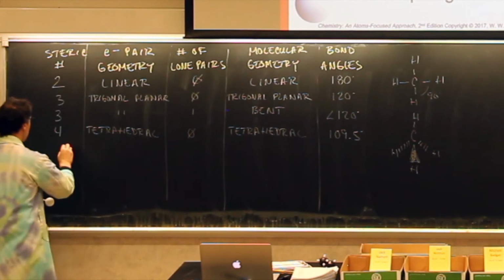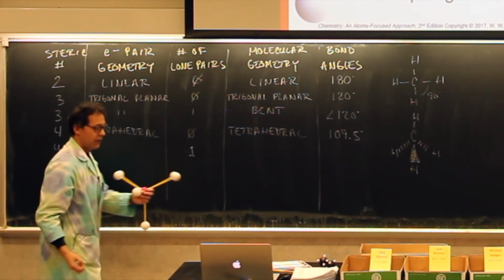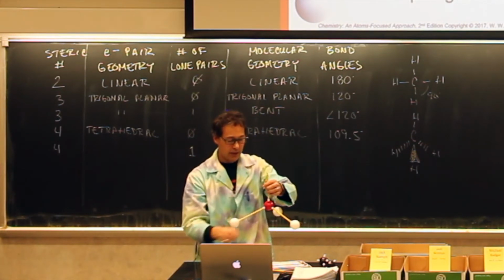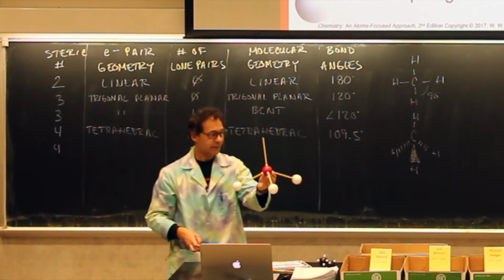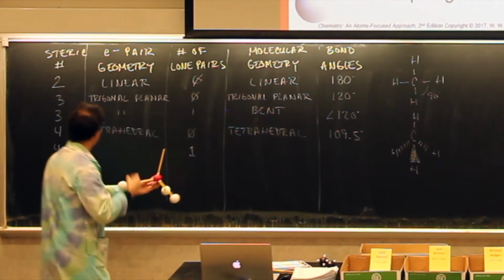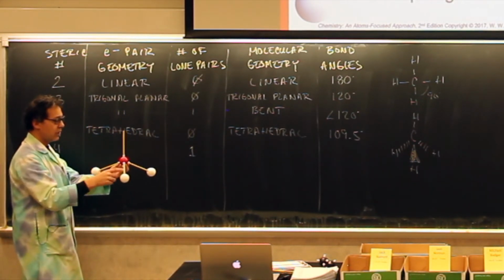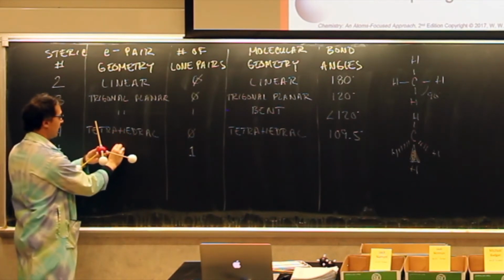Let's do 4, but let's put in a lone pair here. So I'm going to go like this, like that. There we go. Now this one here is still tetrahedral in that we count all the things attached. There's three bonded pairs, 1 lone pair, so this is tetrahedral.